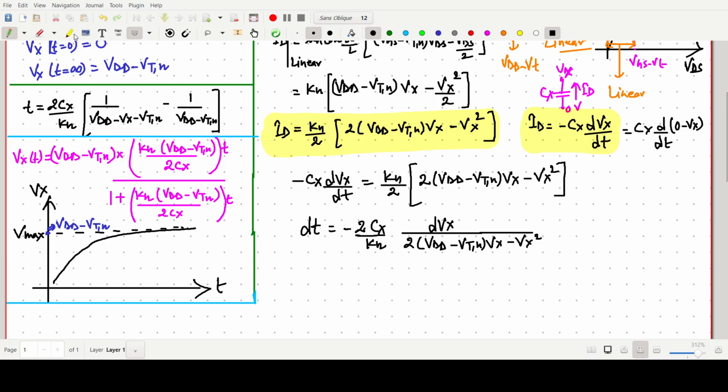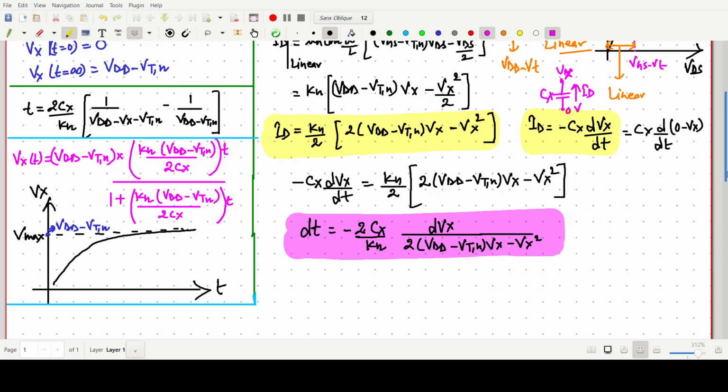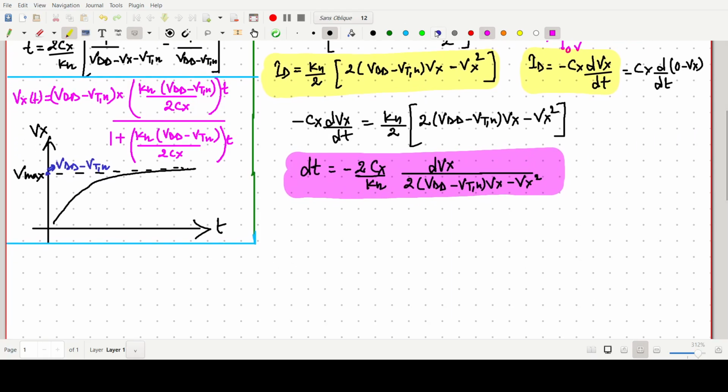This is one important observation. Now we have to integrate this for the calculation of Vx. First, start with dt.